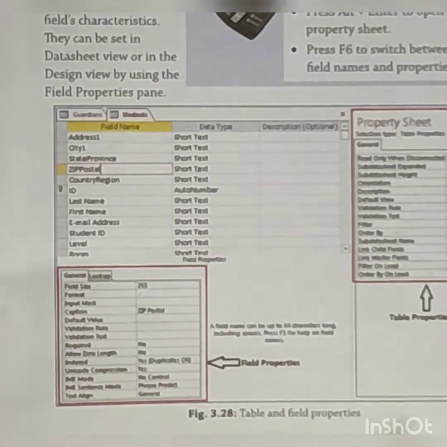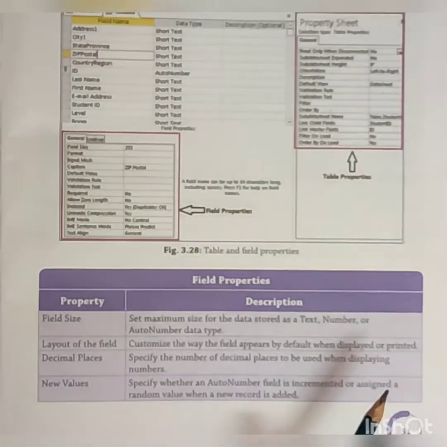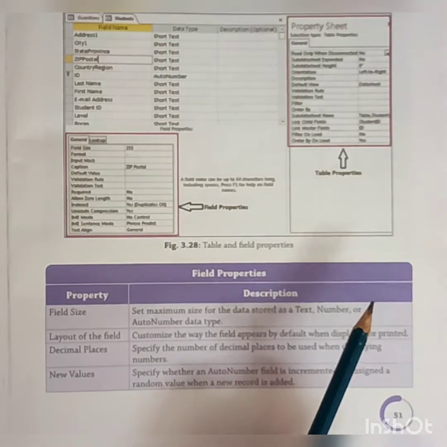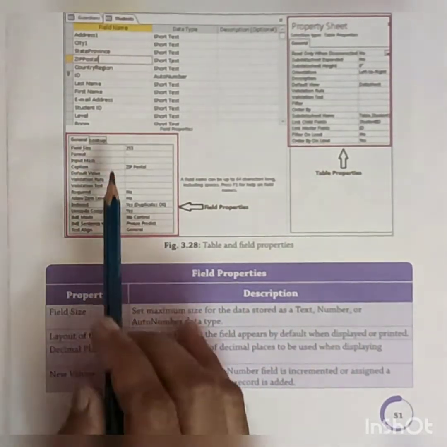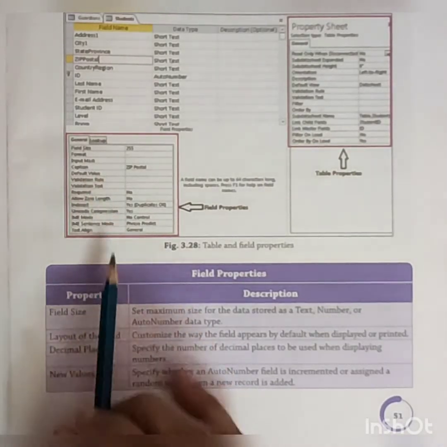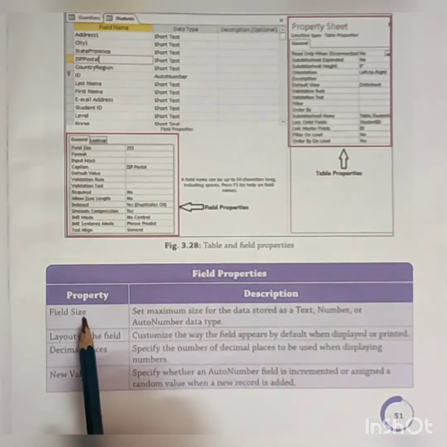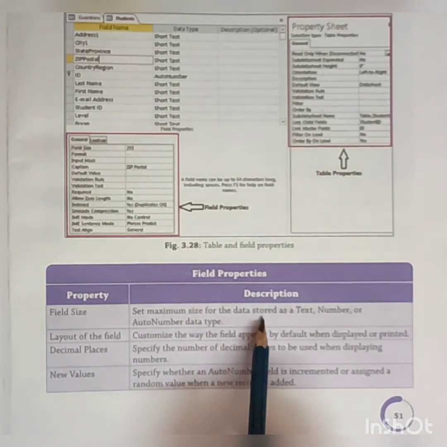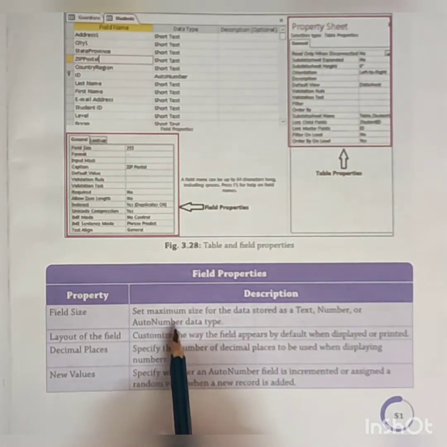Now I have a list that is called field property. In field property, what things will you get? Field size, here it is. Then what is given? Layout of the field is given here. Then decimal places, new values. Field size means the maximum size of the data stored as text, number or auto number.